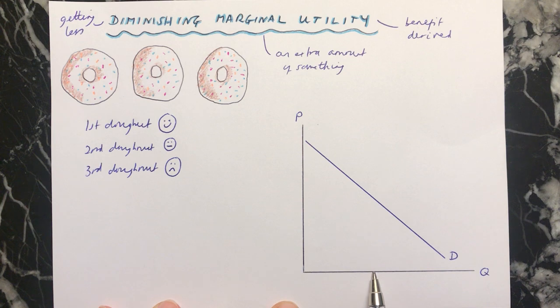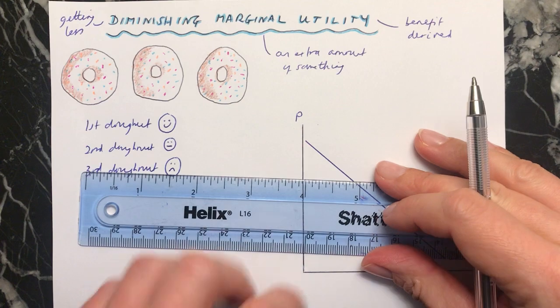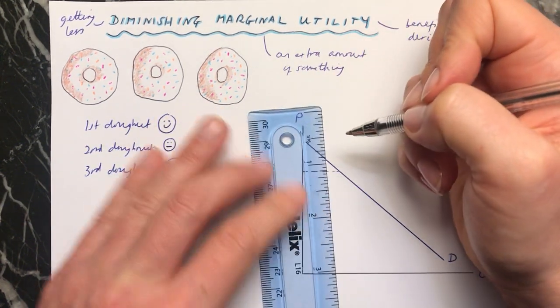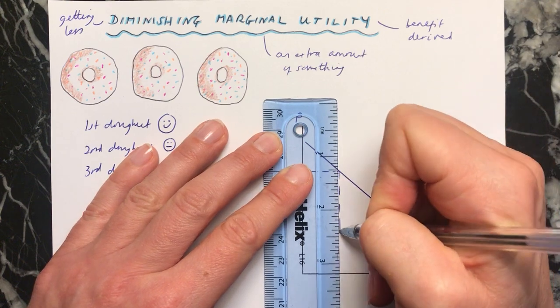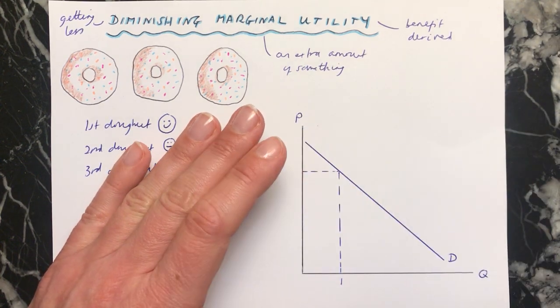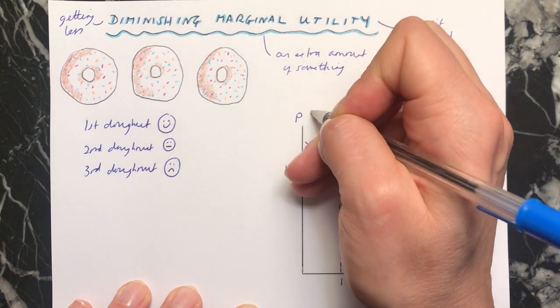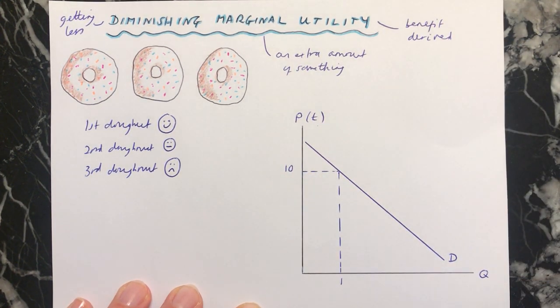If you bought 3 donuts, the average value that you place on it, and therefore the price that you will pay for the 3 donuts, is even lower. And if you get to higher quantities, on average for each donut, you're willing to pay less money. So if we just look once more, if you imagine that you are consuming, we'll say this is 1 donut, maybe you are willing to pay, we'll exaggerate, £10 for that donut.